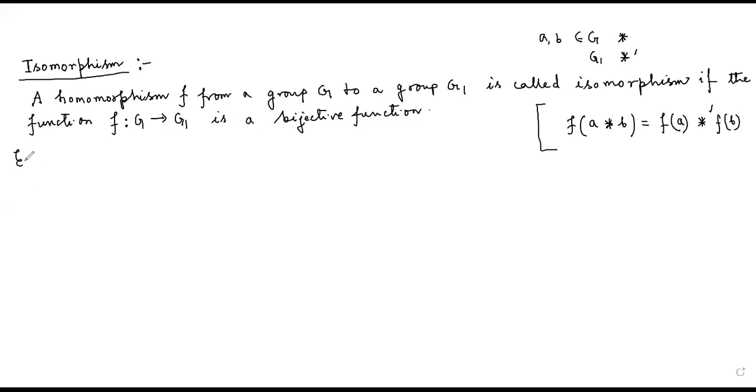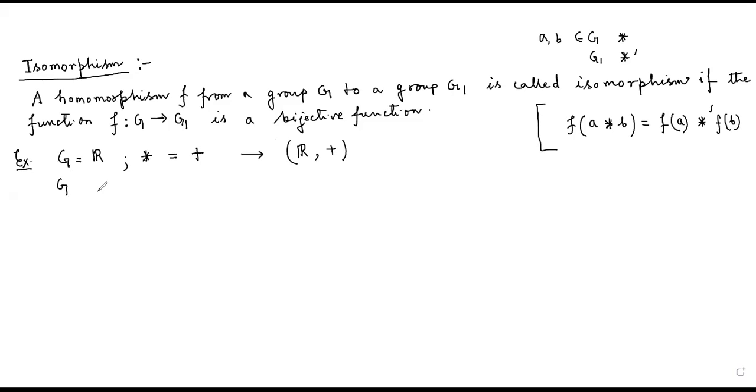So as an example, we can consider the same old example which I considered in my previous class. Here I'm going to consider my G to be the set of real numbers and my star to be the operation addition of real numbers, so that we know that R plus is a group under the addition operation.